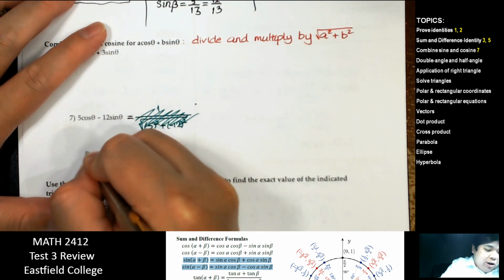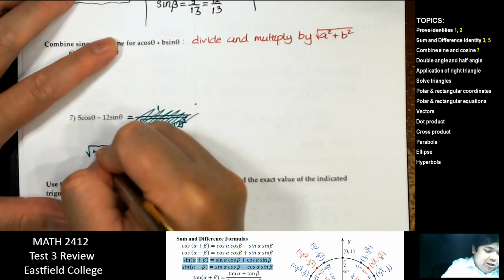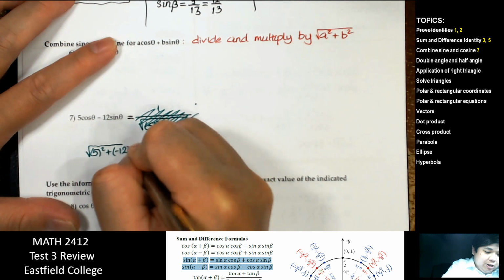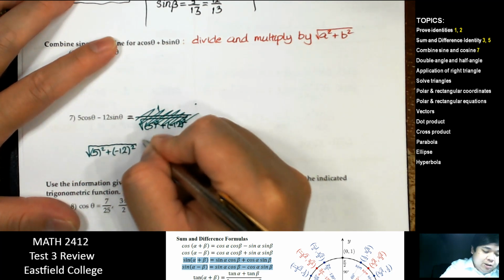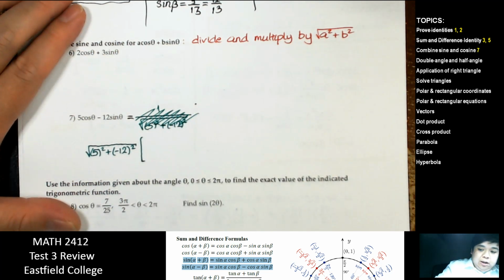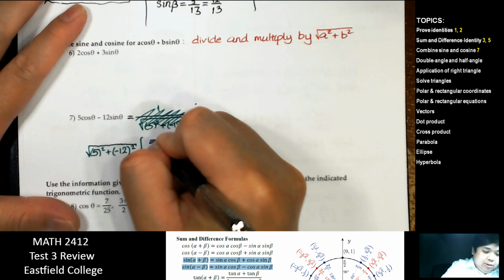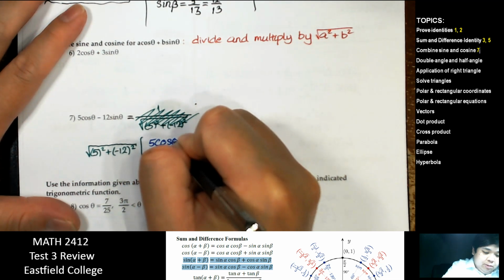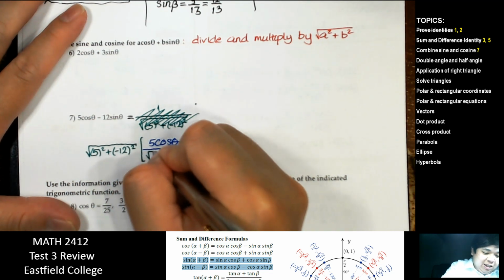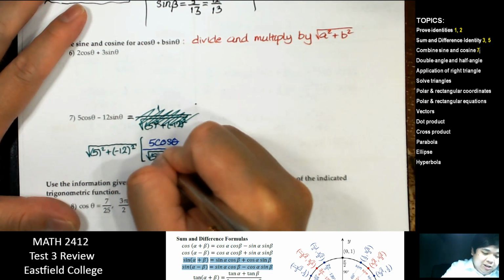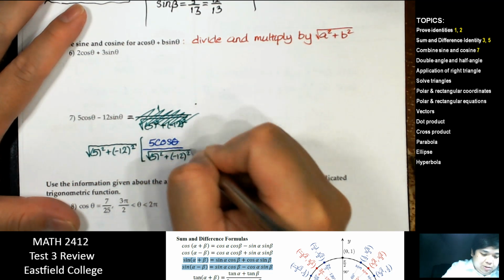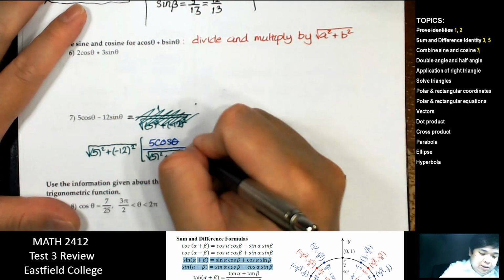So multiply first. And then we divide inside.